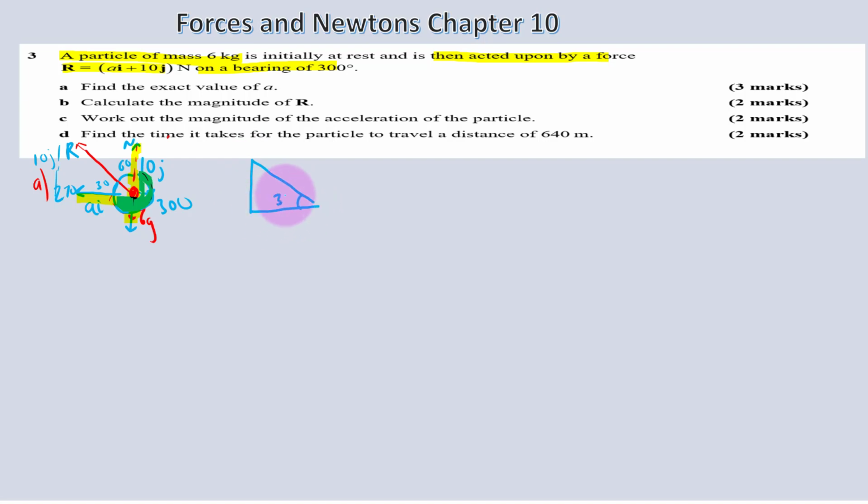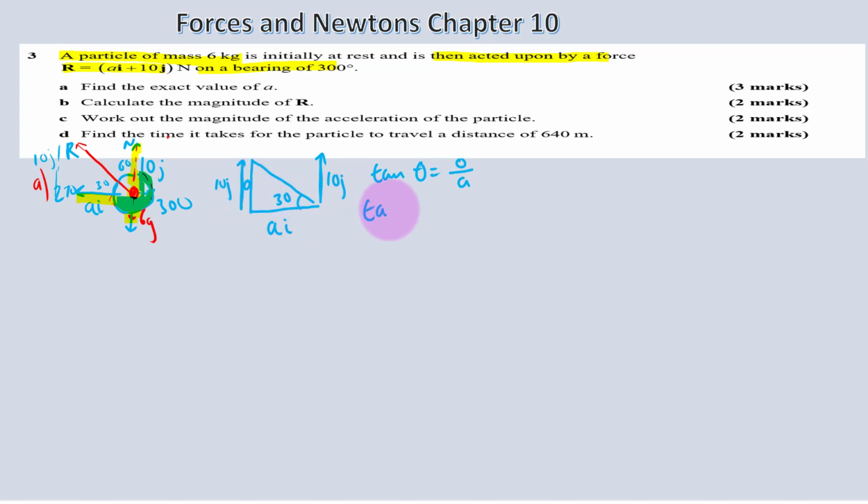So that's 30. We have a, i, we don't know, and going upwards is your 10j. So we can assume it's 10j on this side. So what do we start with? We know tan theta equals opposite over adjacent, right? So the adjacent is a and the opposite is 10j.